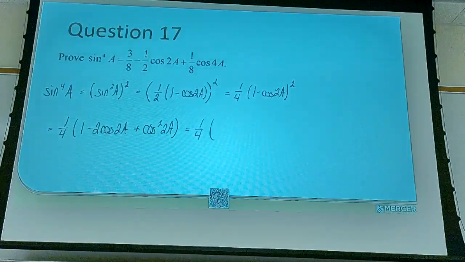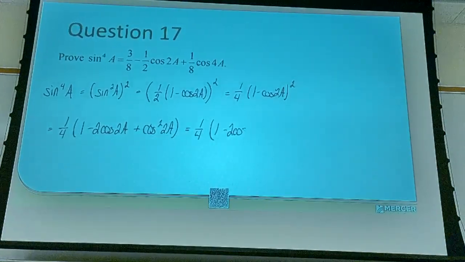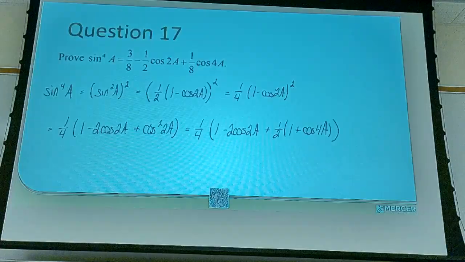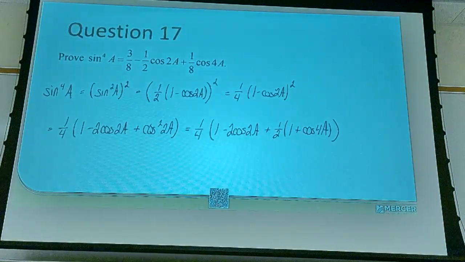But we don't like that cosine squared of 2a. Cosine squared theta is a half of 1 plus cosine of 2 theta. In this case, theta is 2a. So we're going to get a half, 1 plus cosine of 4a.